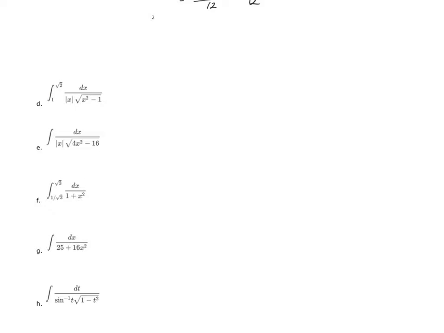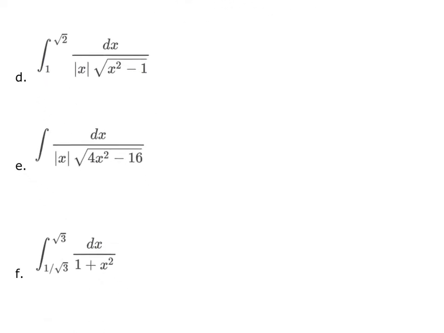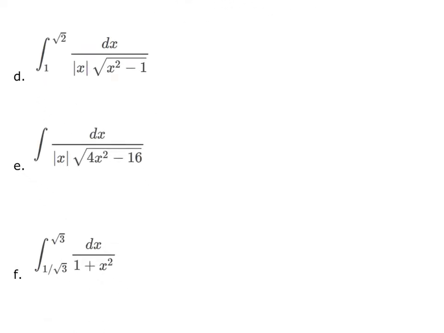Now, with E, I'm going to do it slightly differently. In fact, with E, I see the denominator. I see that underneath the square root, they both have a 4 that is common. So I'm just going to do this algebraically and rewrite this as the integral of dx over the absolute value of x, the square root, and each one of those terms underneath the square root has a 4, so I'm going to factor out a 4, leaving me x squared minus 4.